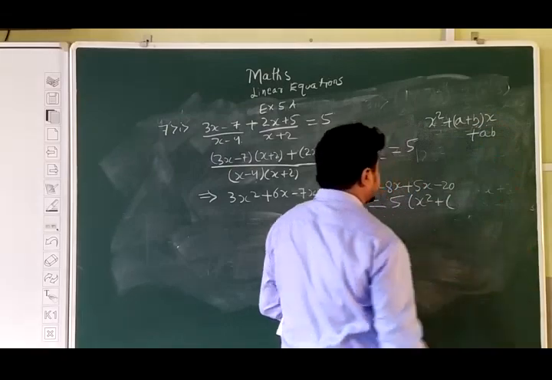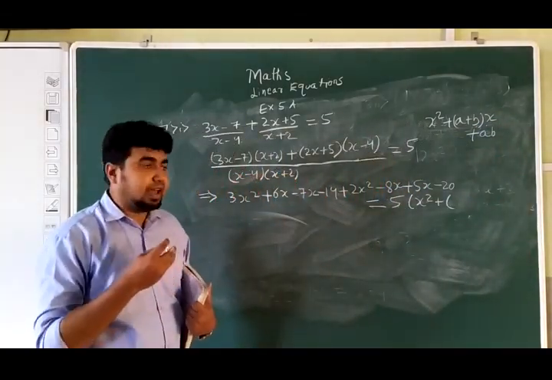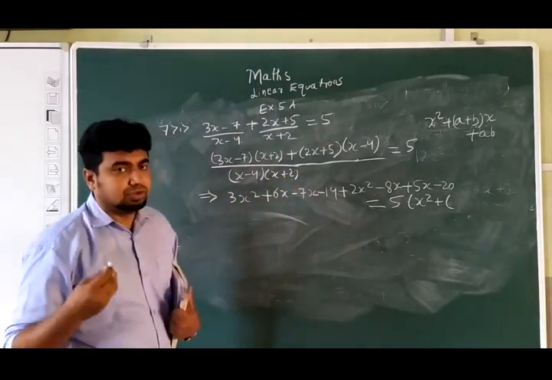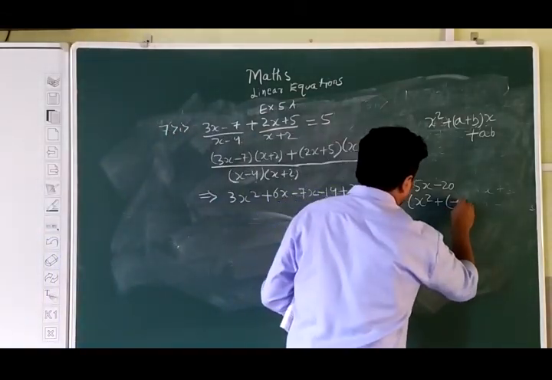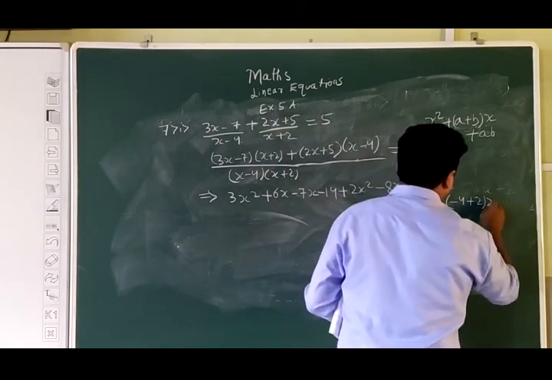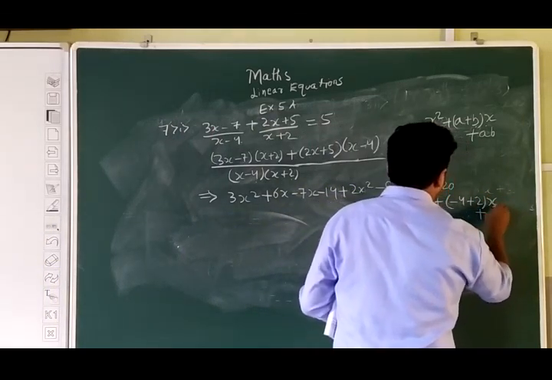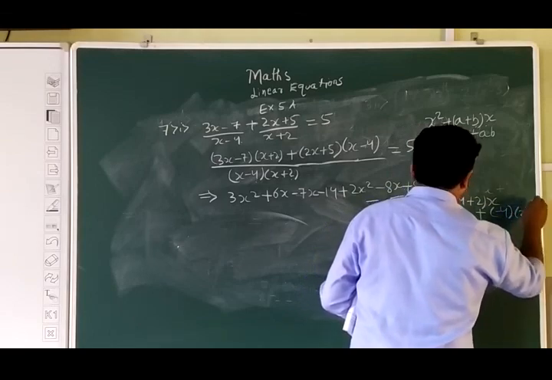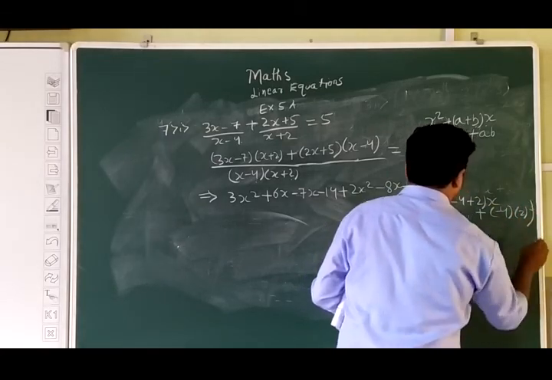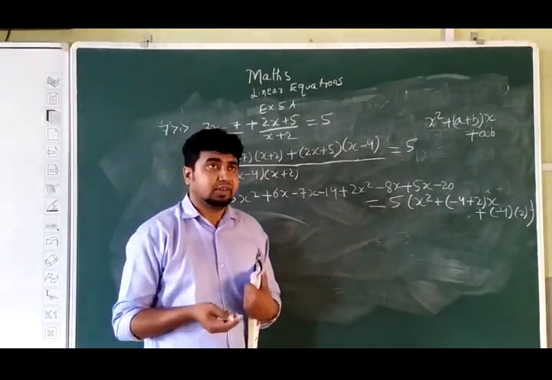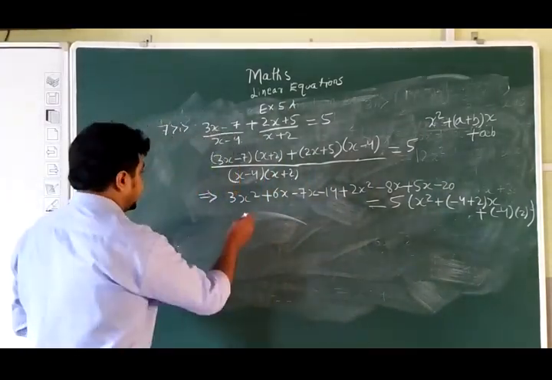You have to substitute the value of a and b as it is. a value is minus 4 and b value is 2. So you substitute as it is, minus 4 plus 2 into x. Or you can simply multiply also. Just I am showing you that we can do it by special product also.